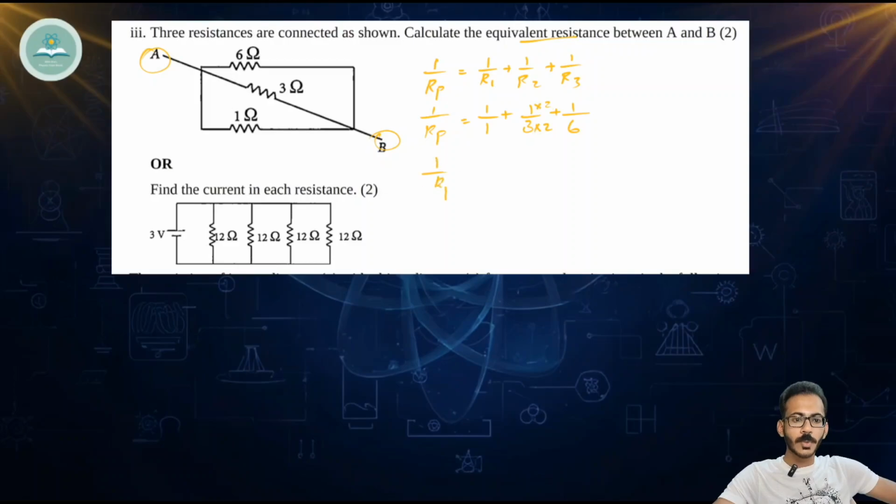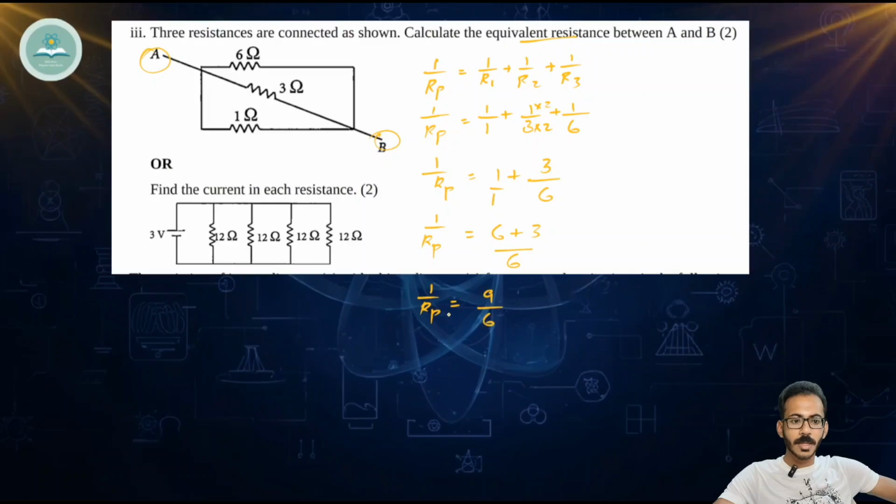So 1/Rp is equal to 1 plus 1 into 2 is 2, 2 plus 1 is 3, divided by common denominator 6, so 3/6. Now again 1/Rp is equal to 1 into 6 is 6 plus 3, divided by 6. So 1/Rp is equal to 9/6.